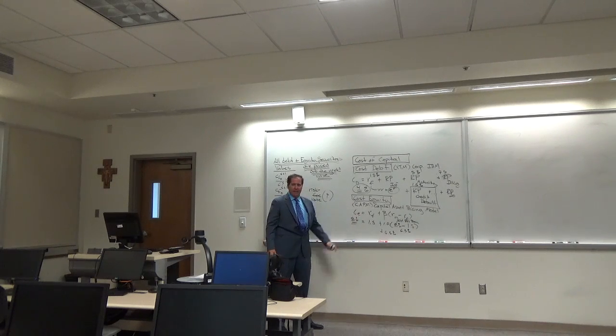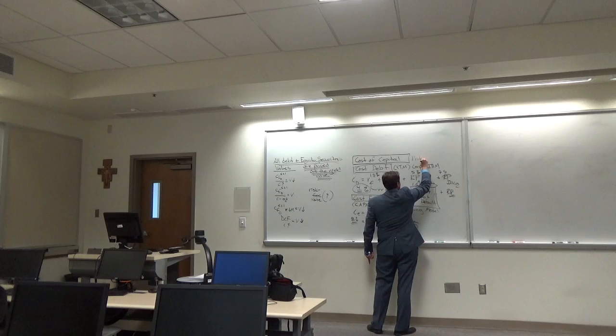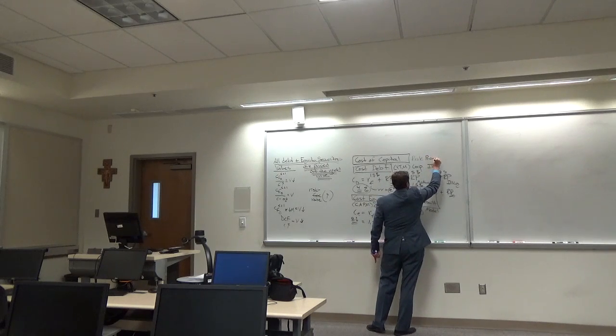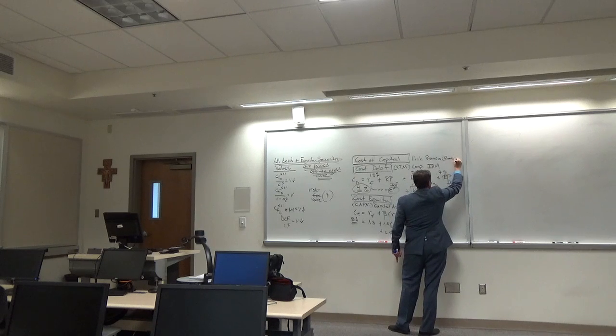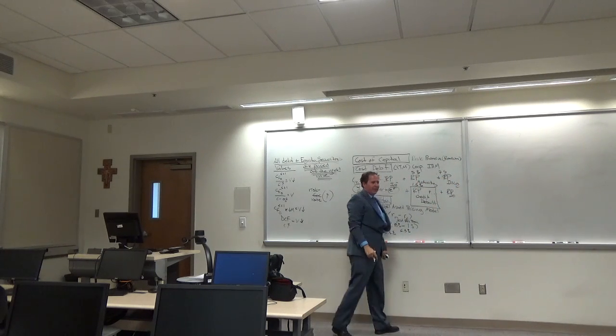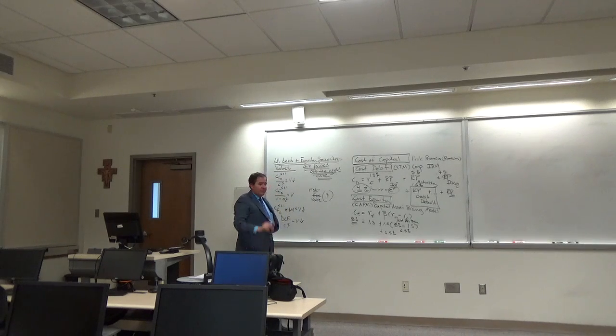Then you're going to use the capital asset pricing model to determine the cost of the equity, and you're going to use the risk premium approach to figure out the cost of the debt. Okay, now I've got the two components.